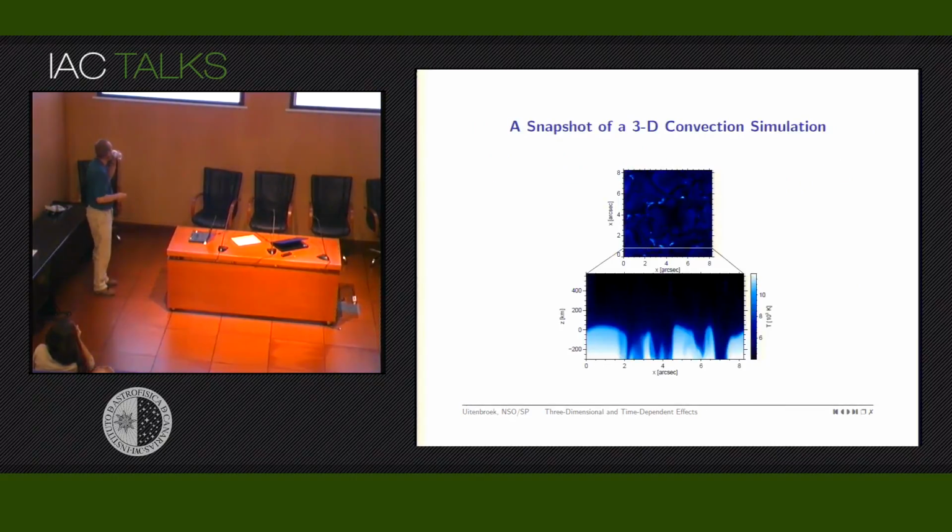So say that we take a hydrodynamic simulation. The top panel here is the intensity calculated from a snapshot, one instant in time of such a simulation, and the bottom panel is a vertical cross-section of this. You see here the granules and the intergranular lanes, which are cooler in temperature.